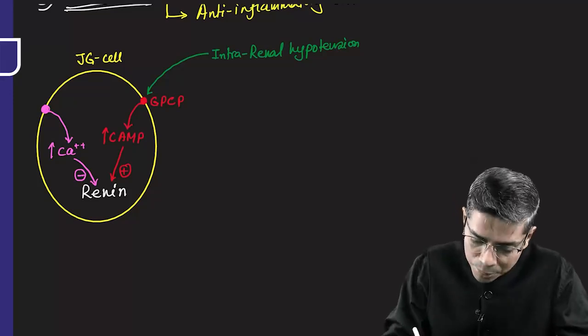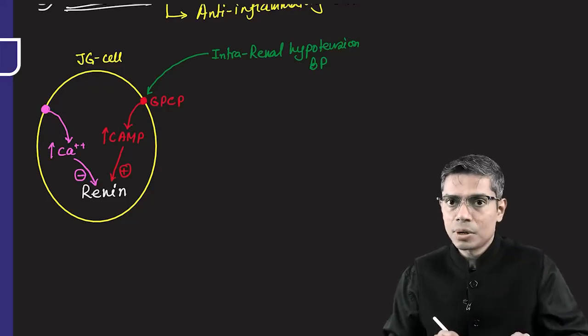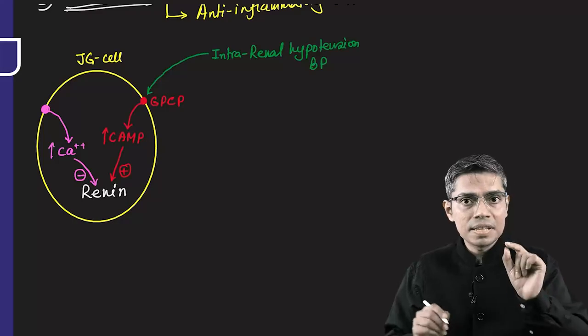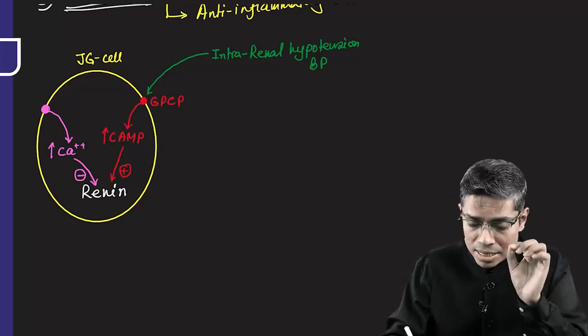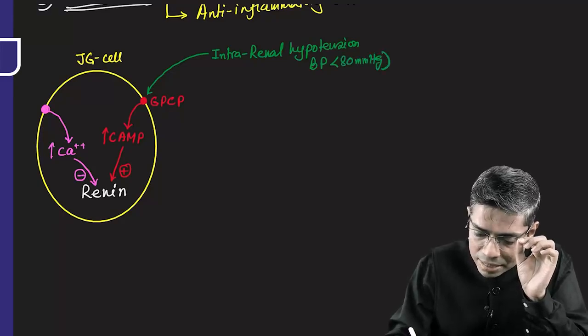Whenever the blood pressure at the level of the afferent arteriole, where these JG cells are located, is low, particularly if it is lesser than 80 millimeter of mercury, that is the most potent stimulus for this JG cell for secretion of renin. That's why we know that if there is renal ischemia, renal hypotension, or renal hypoperfusion, that is the strongest stimulus for secretion of renin.